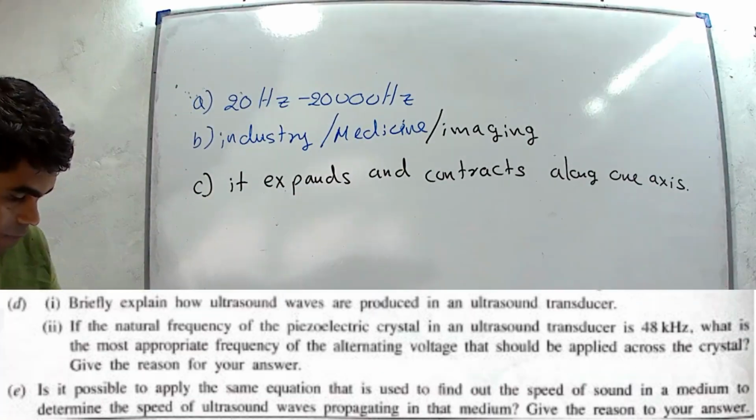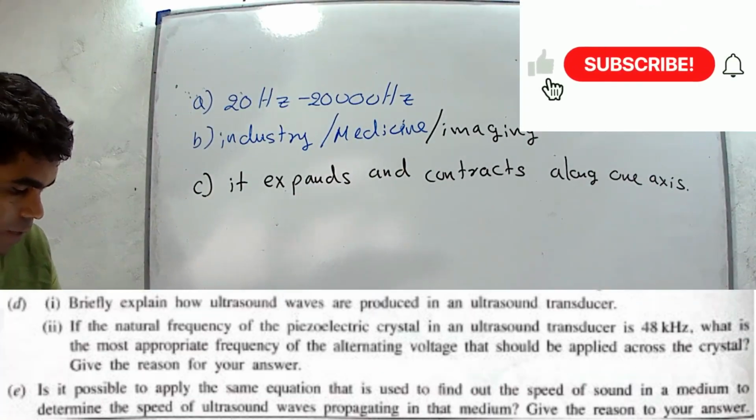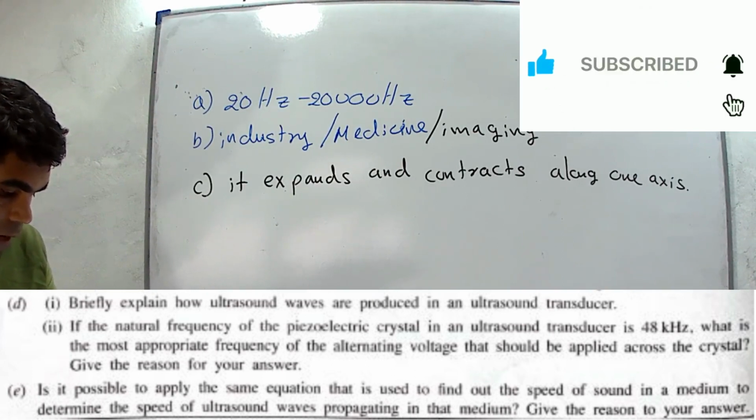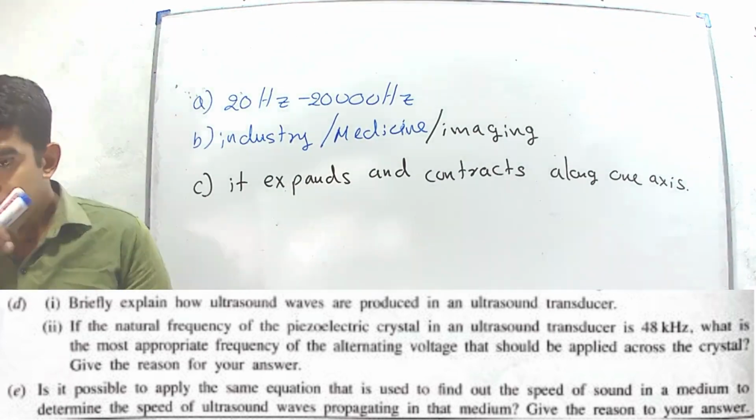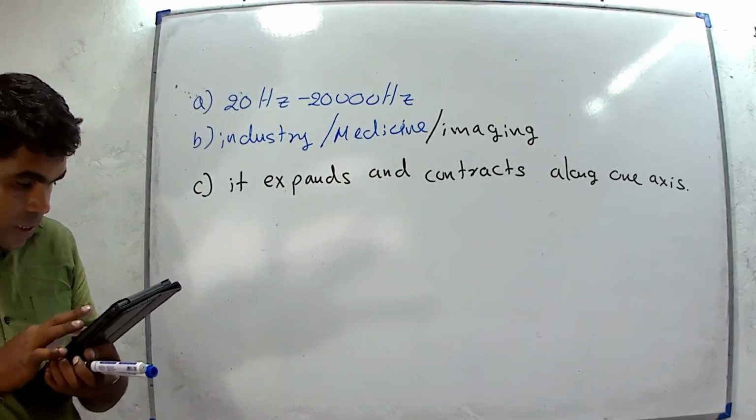Part D1. Briefly explain how ultrasound waves are produced in an ultrasound transducer. It is also given in the question.